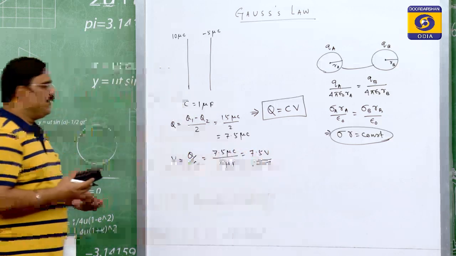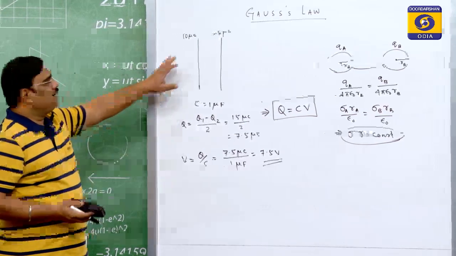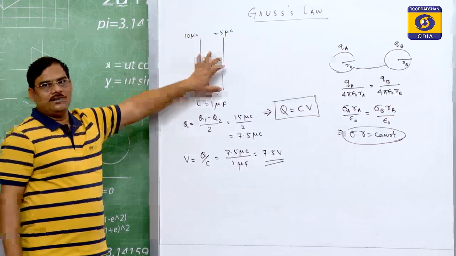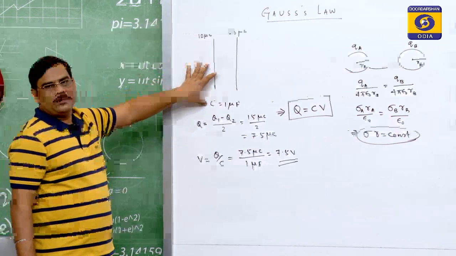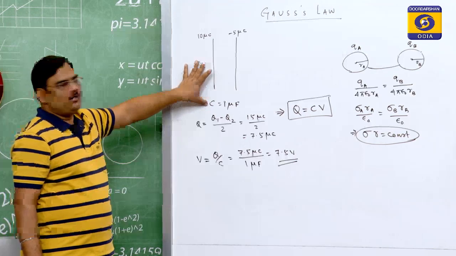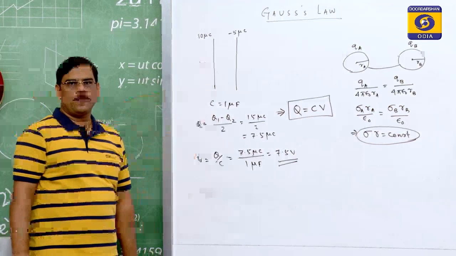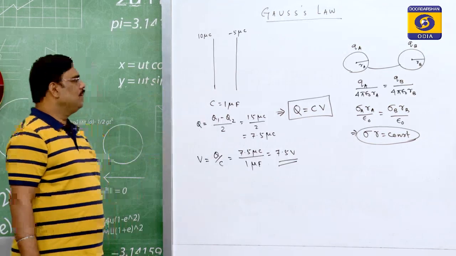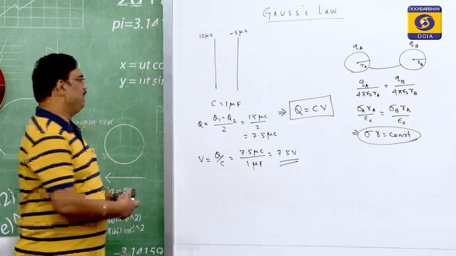So, in this way, using the concept of charge development and knowing the capacity of a group of conductors, we can calculate the potential difference between them. Now, let us discuss the parallel plate capacitor in detail.